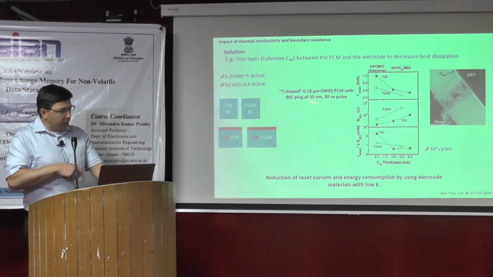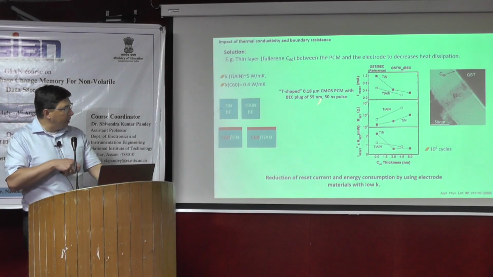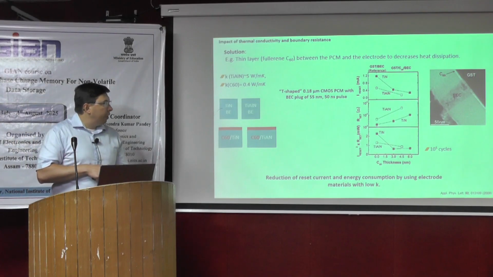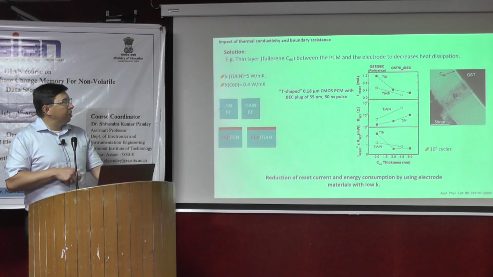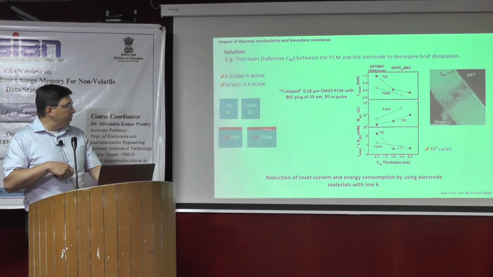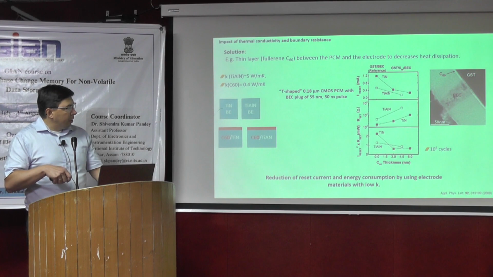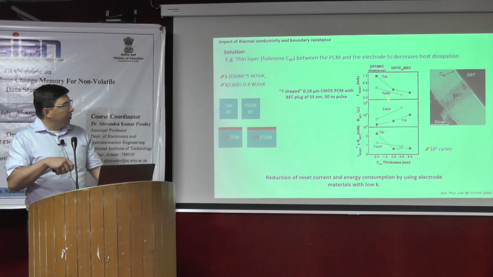And now there are also some tests on real devices. This is a T-shaped device with 480 micrometer CMOS. What they found is that if they use a combined electrode with C60, the fullerene, then they can reduce the reset current. This is the dependence of the thickness on the reset current. This is without fullerene, and this is with fullerene, with a thickness in the range of 3 and 5 nanometers.